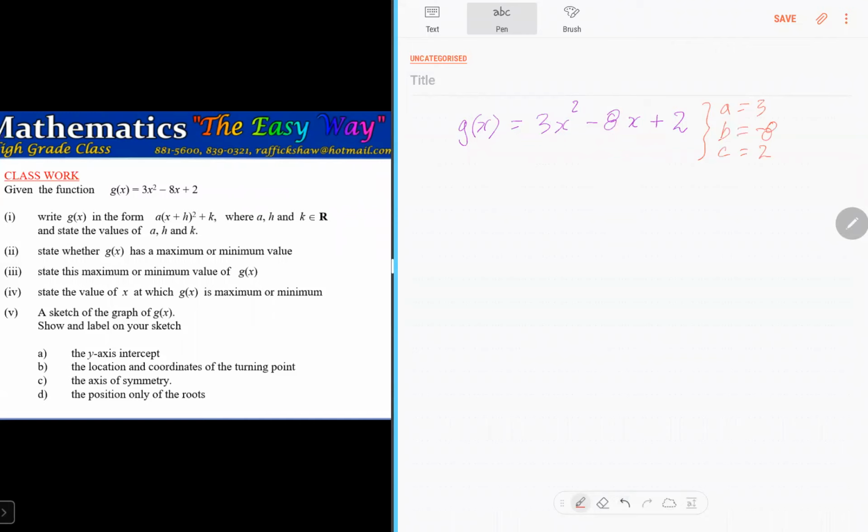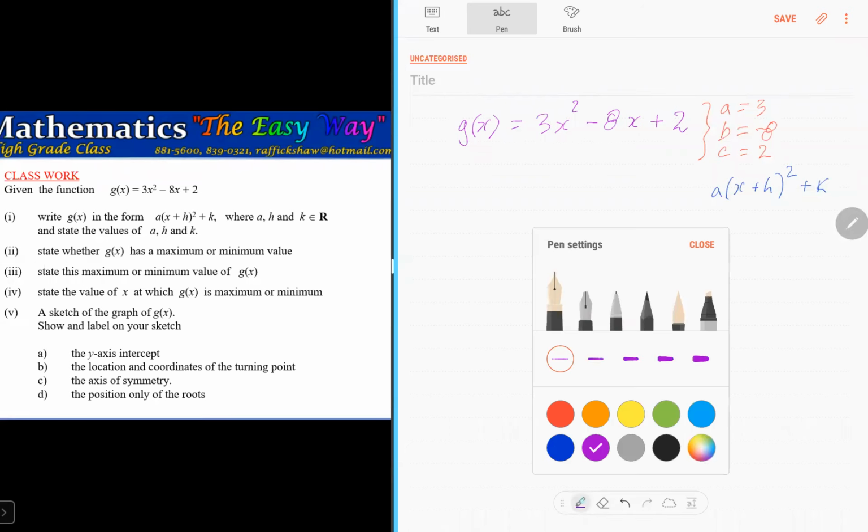All right. And they want us to write it in vertex form, which is a(x + h)² + k. That is to complete the square.